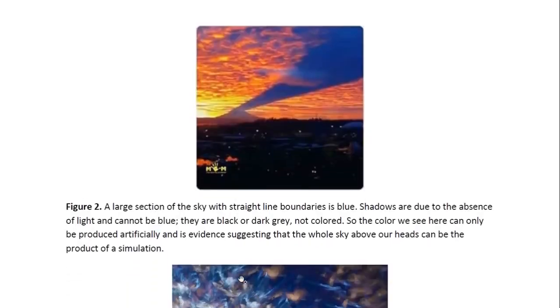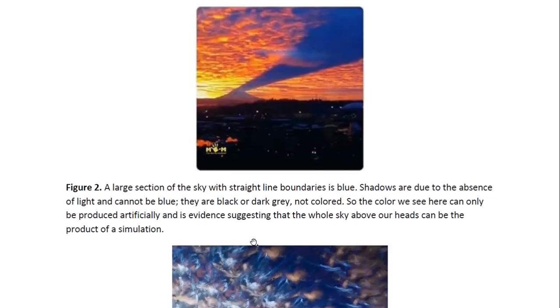simulation. And here you can see a large section of the sky with straight line boundaries, and it's blue. And shadows are due to the absence of light and cannot be blue. They are black or dark gray, not colored. So the color we see here can only be produced artificially, and is evidence suggesting that the whole sky above our heads can be the product of its simulation.